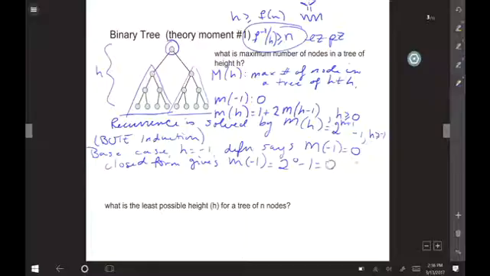Yay, Luke. He got his base case, okay? We're happy with the base case. The general case, or the inductive case, is h greater than -1. Greater than or equal to 0 is kind of more pleasant.